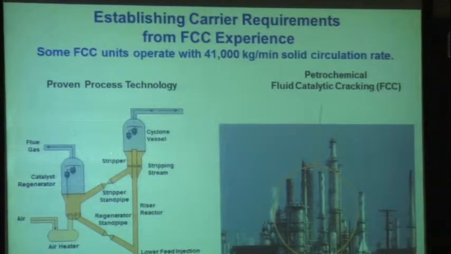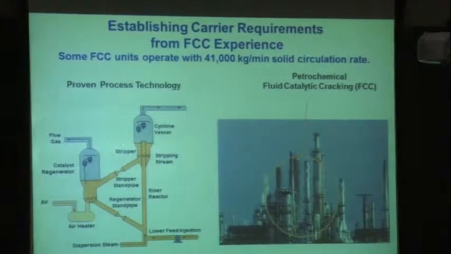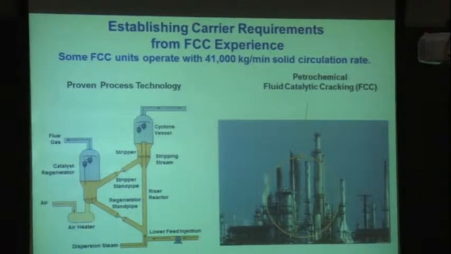So let's think about, if I had to build one of these, let's try to be realistic: how much material could I circulate from a practical standpoint? I'm going to use some experience from the petrochemical industry, fluidized catalytic cracking, or FCC.